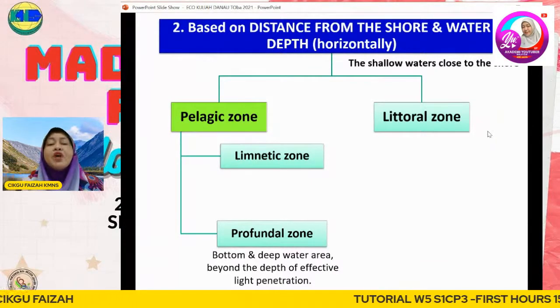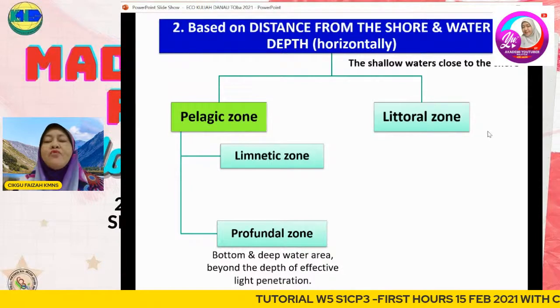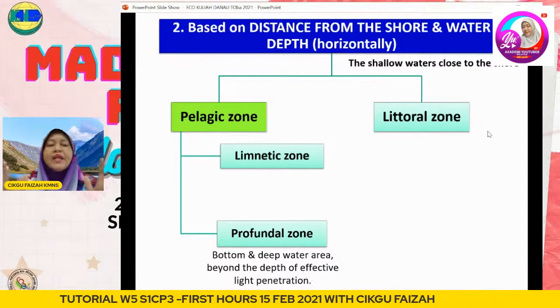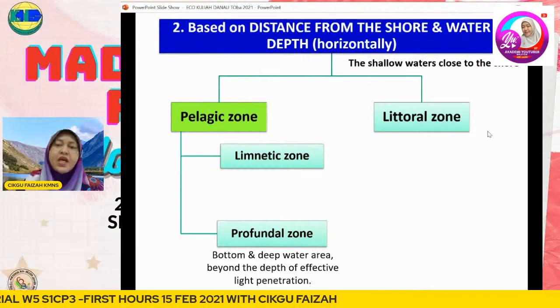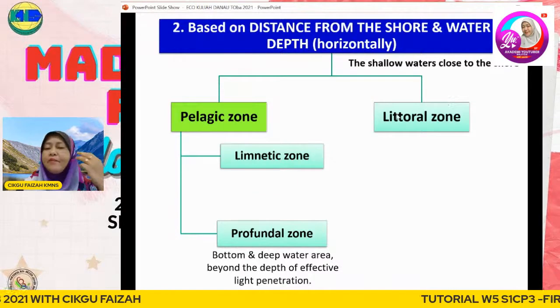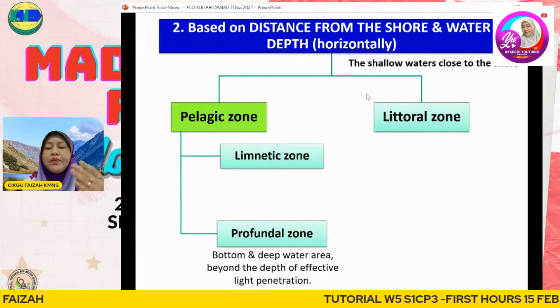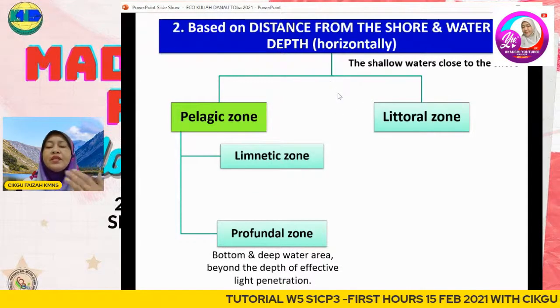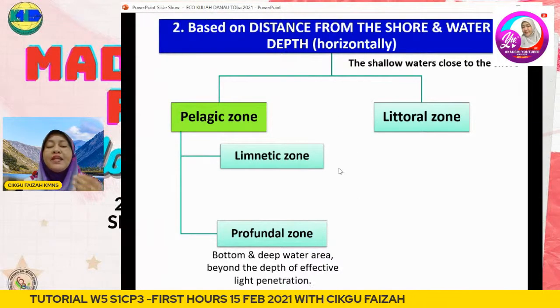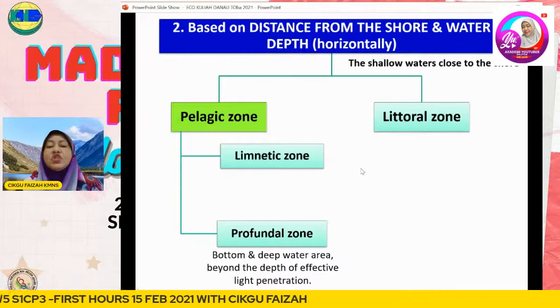Kalau based on distance from the shore and water depth, daripada tepi tebing lake dengan kedalaman lake, ada 3 zone. Keep slowly kamu masukkan these terms. Littoral zone, limnetic zone, profundal zone. Cikgu ulang. Littoral zone, limnetic zone, profundal zone.